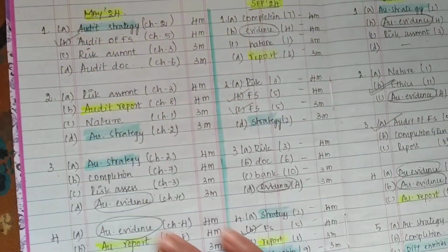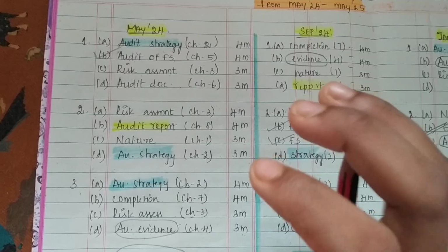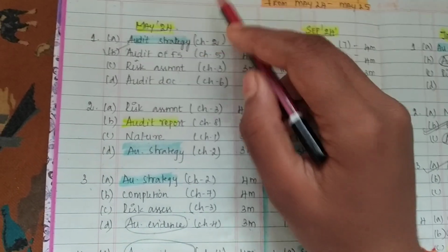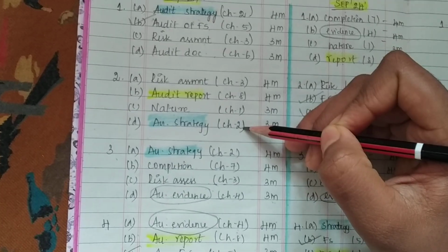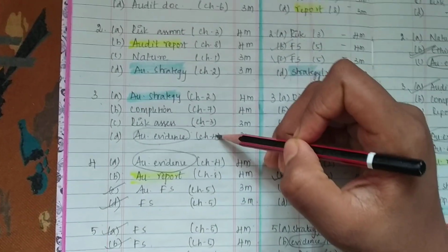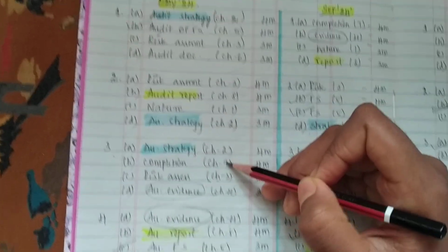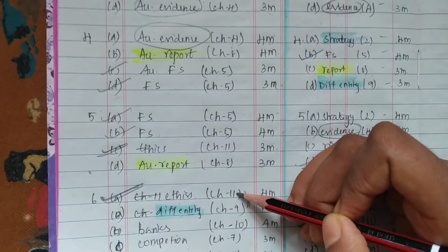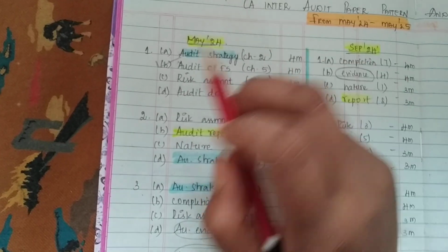Also, when you ask me about a paper prediction for the May 25 attempt, I will say there is no paper prediction for audit. Because, for example, take May 24. Here the first chapter is there, second, third, fourth, fifth, sixth, seventh, 8th, 9th, 10th and 11th chapters are also there. In the May 24 attempt, questions came from each of the chapters.